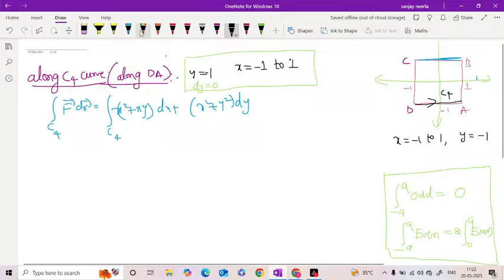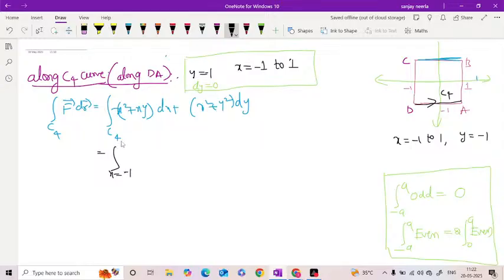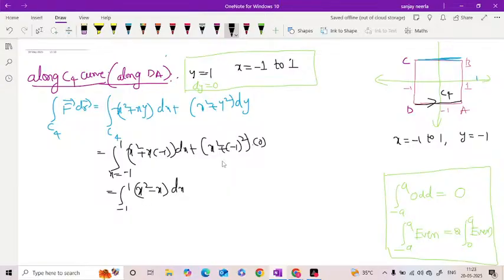Now substitute: integral with x from minus 1 to plus 1 of x square and y equal to minus 1 into dx, plus x square plus minus 1 whole square into dy, where dy is 0. So the integral from minus 1 to plus 1 of x square minus x into dx.